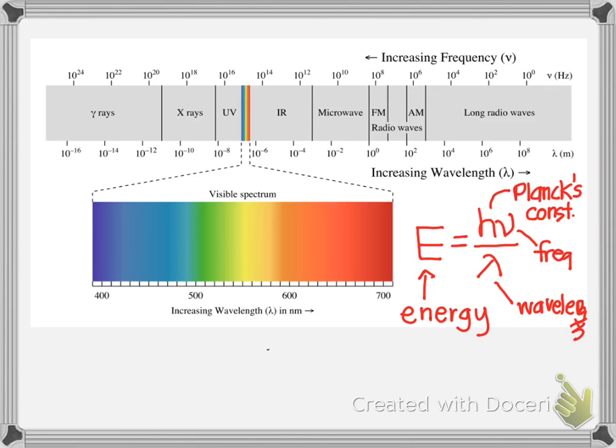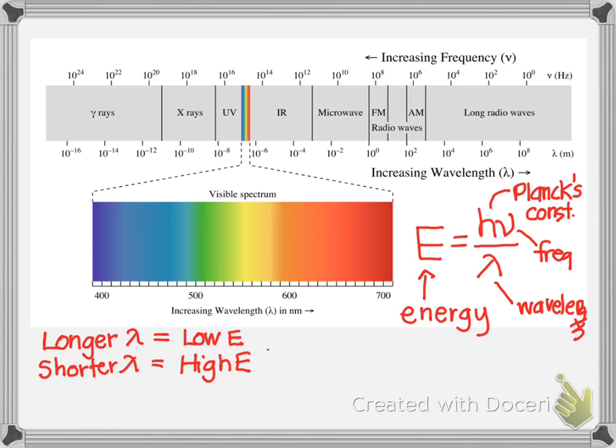Looking here, we can see that energy is inversely related to wavelength because the wavelength is in the denominator. What that means is a long wavelength means you're going to have a low energy because they're opposite. The bigger the wavelength gets, the smaller the energy gets. Or you could rephrase it the other way: a shorter wavelength would mean we have a high energy.